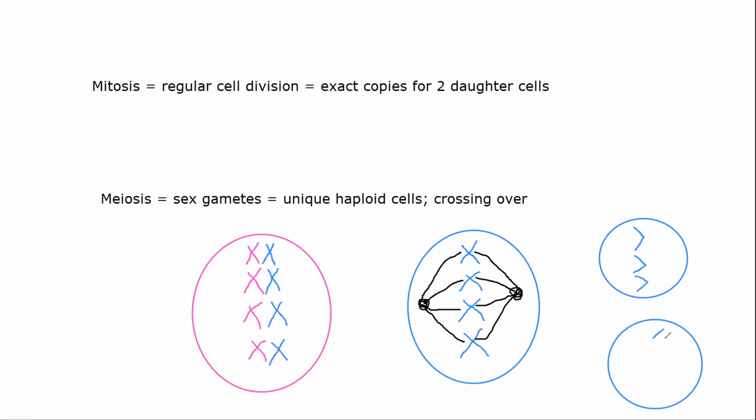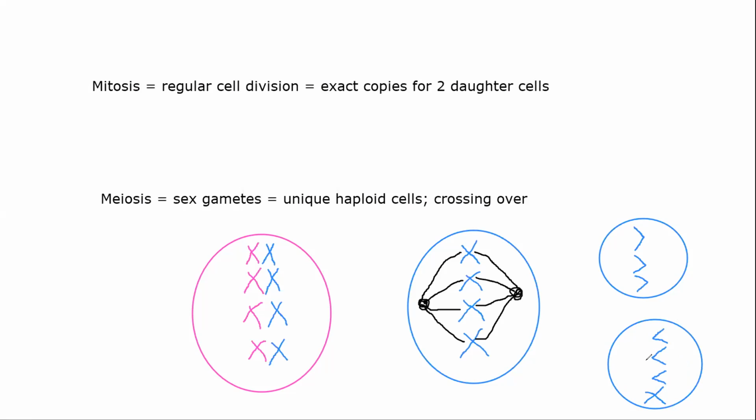But on this one, we got an uneven pull. And both of the attached sister chromatids came to one of the daughter cells, and the other one got shortchanged.